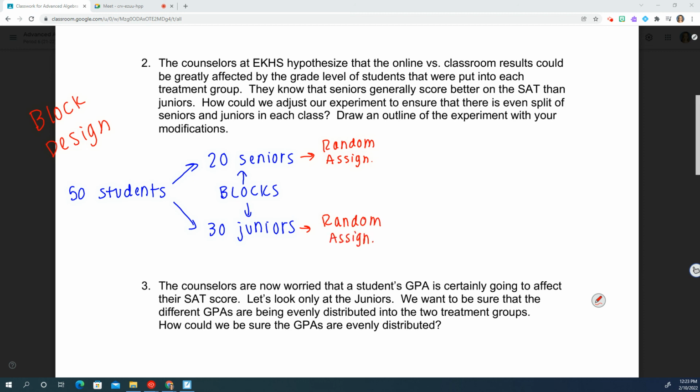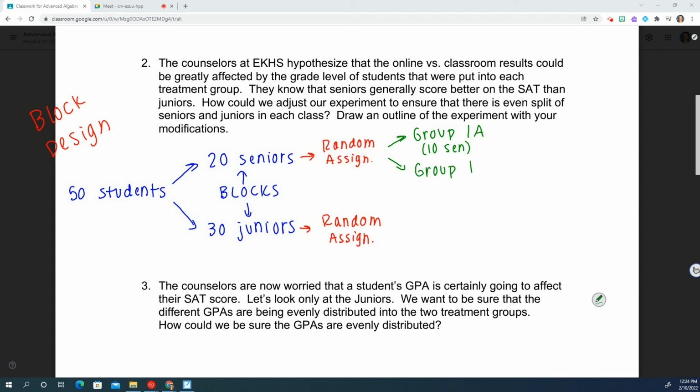So we can number all our seniors 1 through 20, random number generators. We want to make 2 groups. So since there are 20 seniors, our groups are going to be about 10 and 10. I'm going to call this group 1A, 10 seniors.